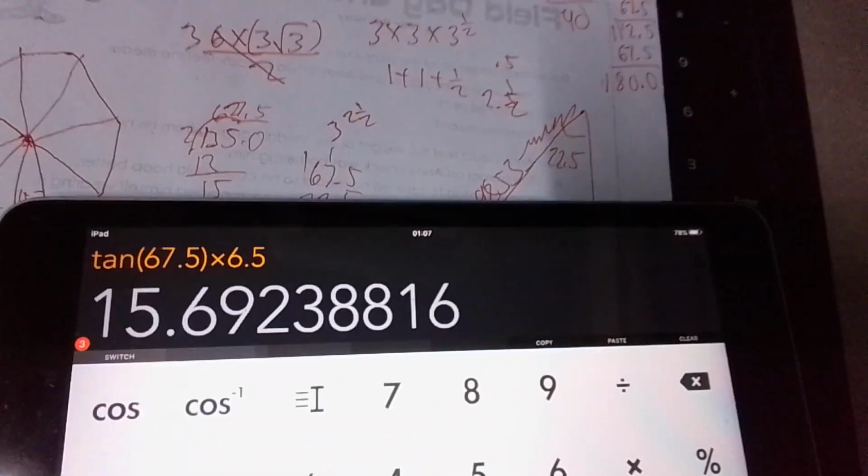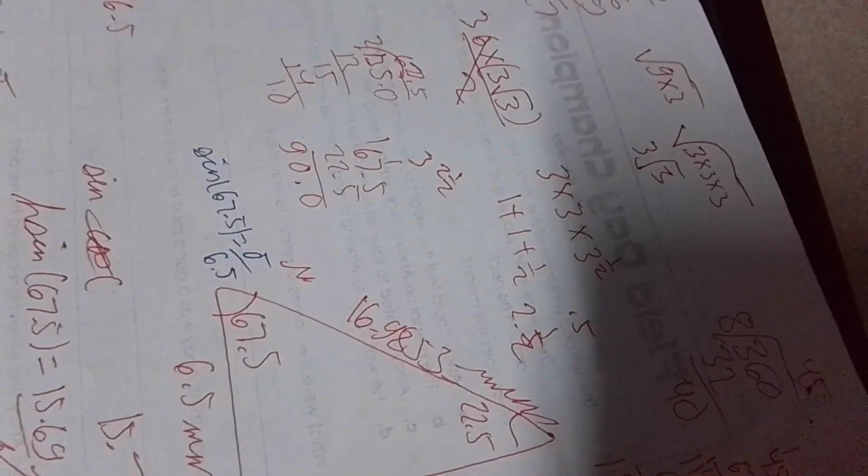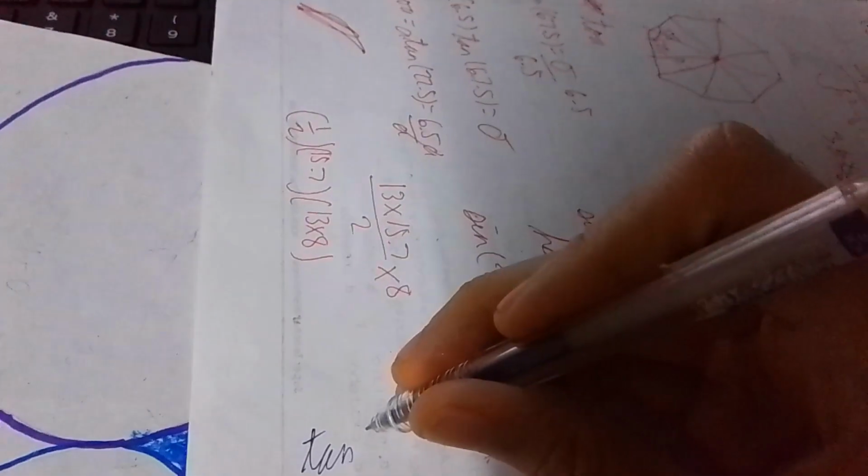If we are going to do it the other way around, for example, this is our tangent, and we're looking for this one, the adjacent, and this is the opposite. So we have to multiply both sides by the adjacent. Let me write it for you. So it's going to be like this. Remember, tan of 22.5.